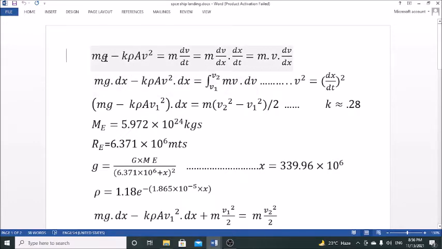So these two forces equal m v dv by dx. Nice, very nice.